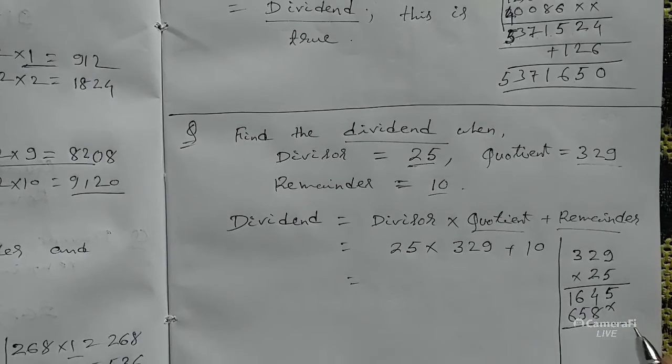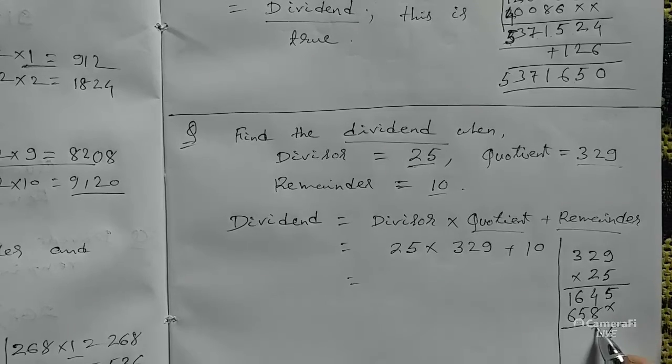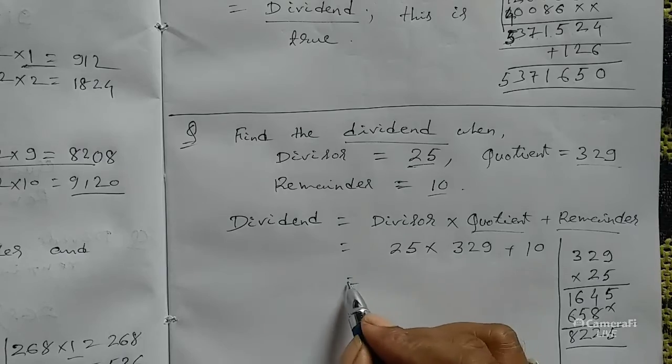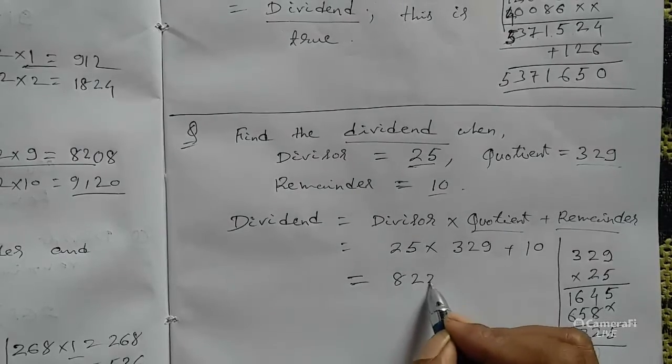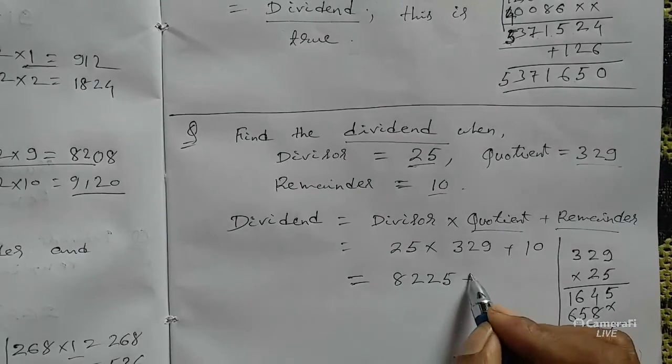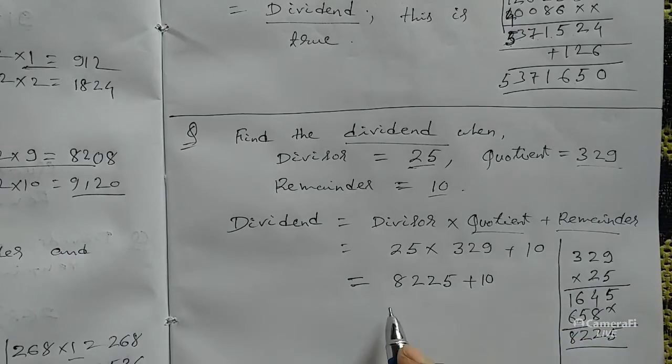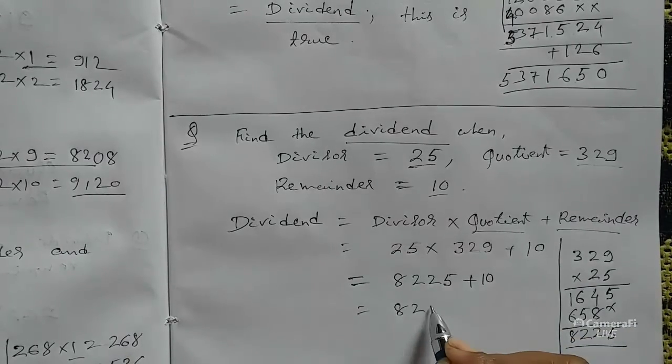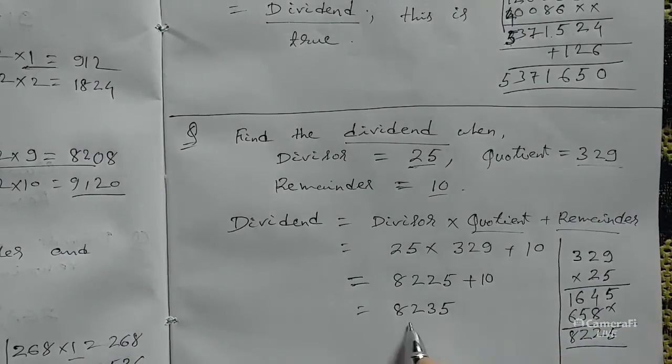Add: 5, 8 plus 4 is 12, 1 carry, 6 plus 5 is 11 plus 1 is 12, 2, 1 carry, 6 plus 1 is 7 plus 1 carried is 8, 8 2 2 5. The product is 8225 and also plus 10. So by adding we get 8235. So this becomes the dividend.